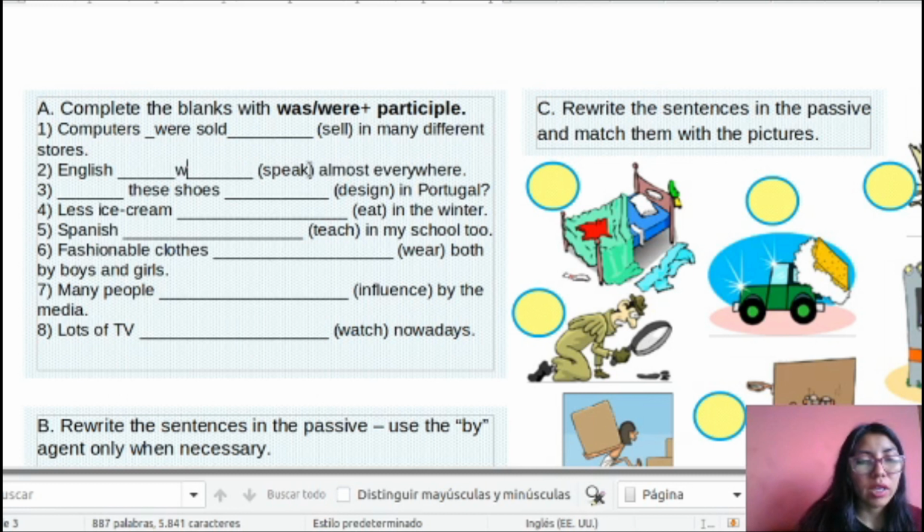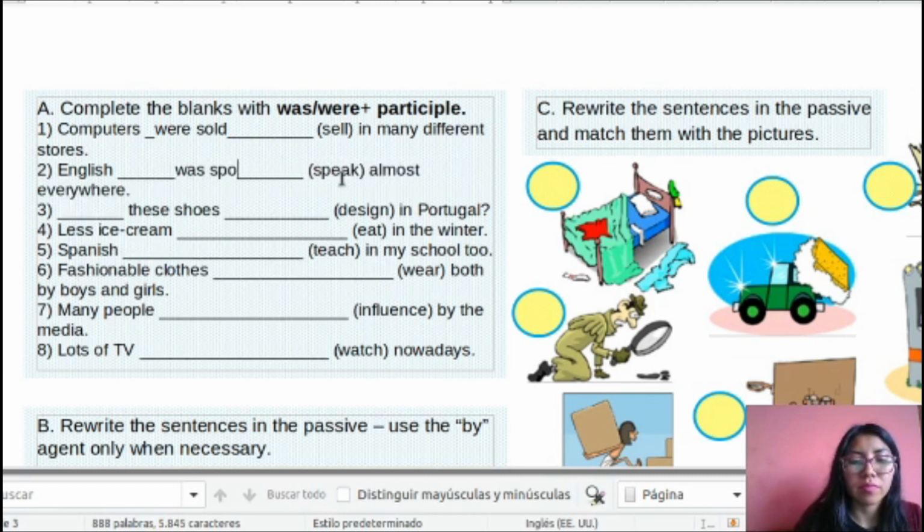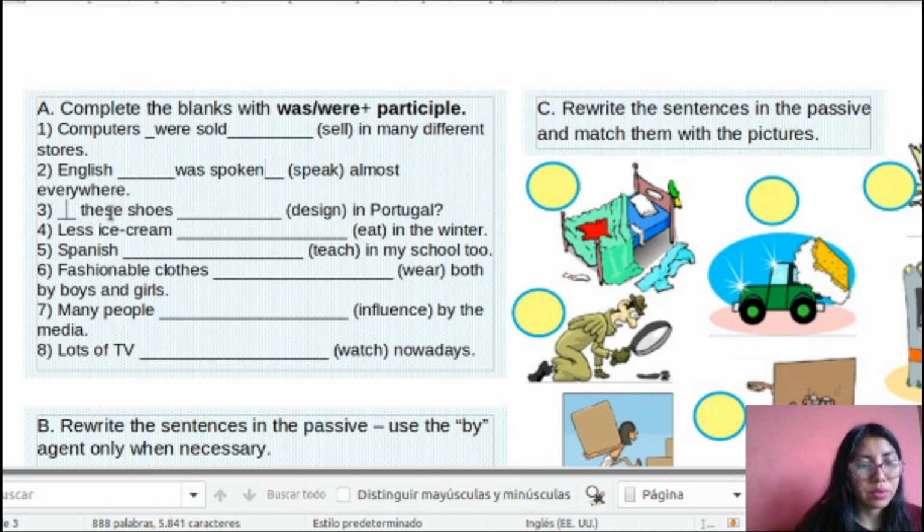Okay, English was spoken. Spoken is the past participle form of the verb speak. English was spoken almost everywhere. Okay, in this case we have a question. Our subject is these shoes, that is plural, so we are going to use were.